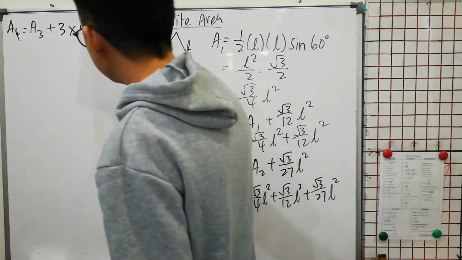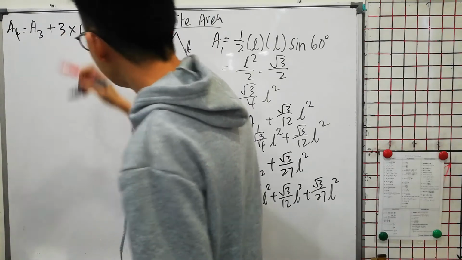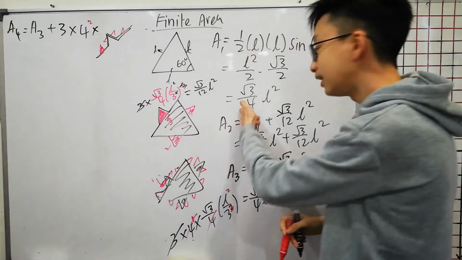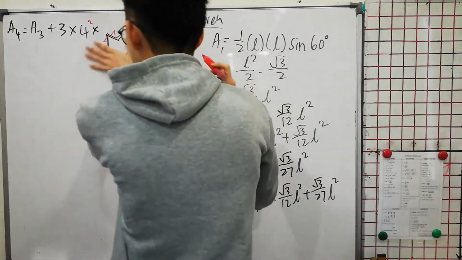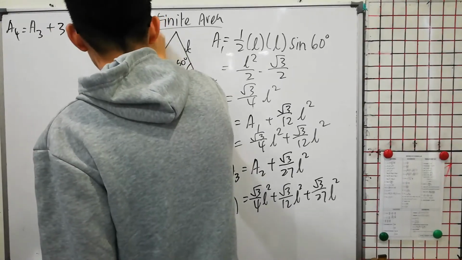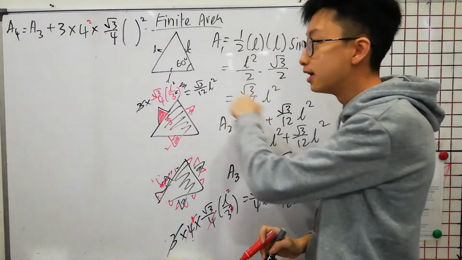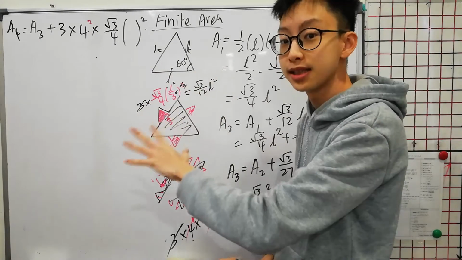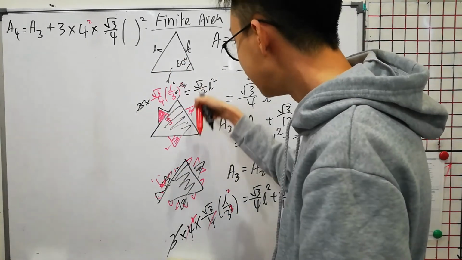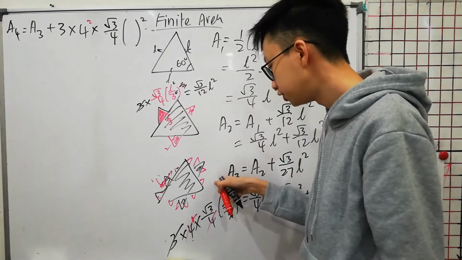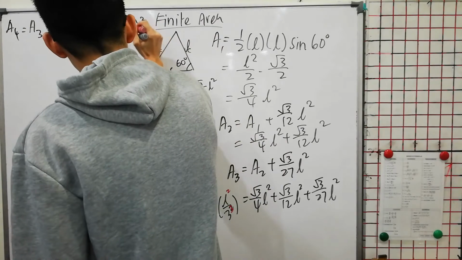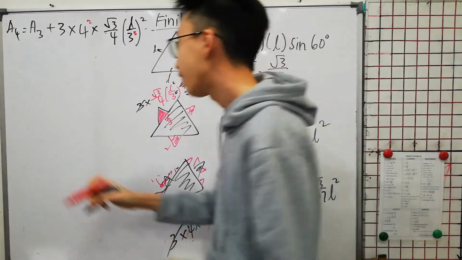So it's 4 squared multiplied by the area of one triangle like this. Again, it is an equilateral triangle, so it is root 3 over 4 times something squared. The something here is the side length of the smallest triangle. So from here is L over 3, then you divide by 3 again, which is (L over 3) squared, and again, L over 3 cubed. So A5 will be very easy.